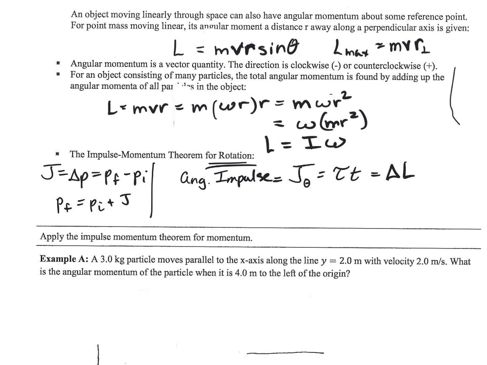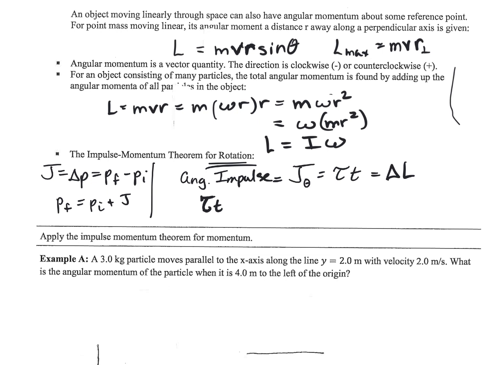Just like J is equal to change in linear momentum for a linear impulse, its rotational analog is equal to the change in angular momentum. So what we're talking about here, change in angular momentum, is the torque over time. Notice that is torque and then t.